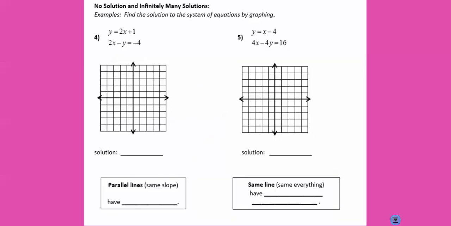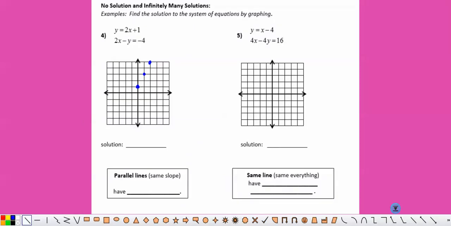What's it going to look like when we have no solution and infinitely many solutions? So number 4, I'm going to start at my y-intercept, then go up 2 over 1. Use my ruler to connect my dots.